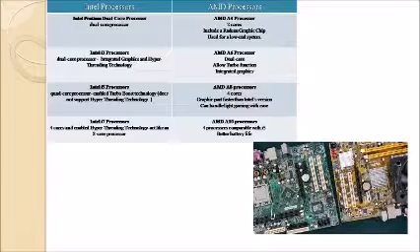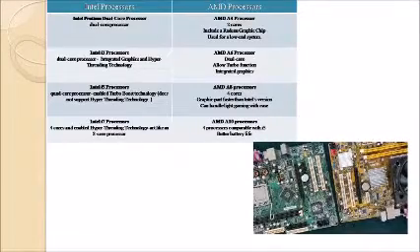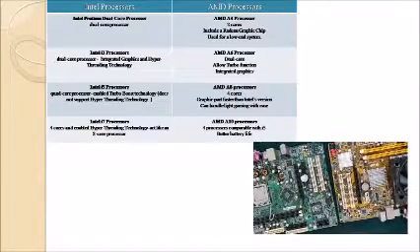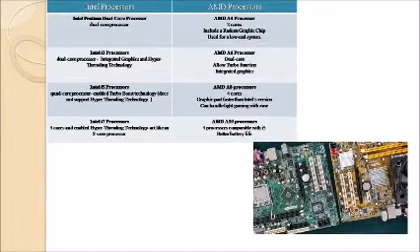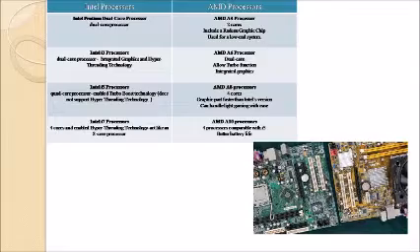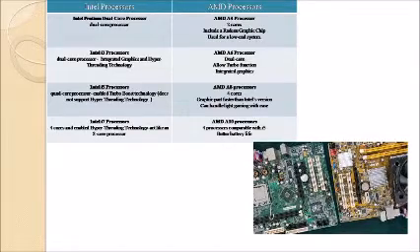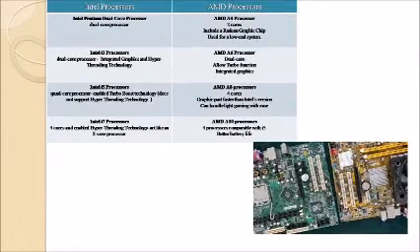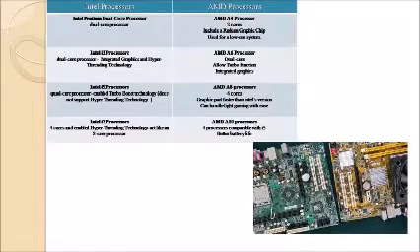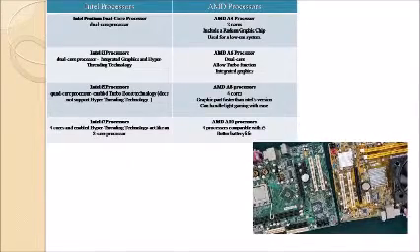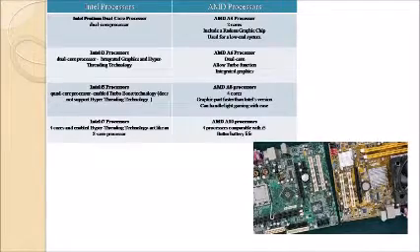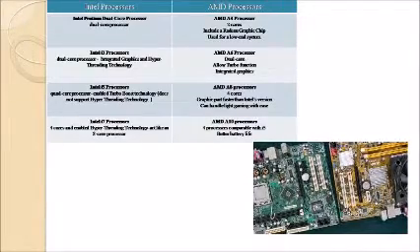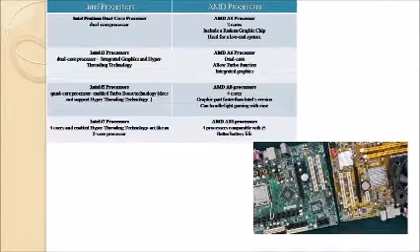Please remember, i3 processor is dual core, whereas i5 processor is quad core without hyper threading technology. Mean to say, i5 processor does not support hyper threading technology, but they are enabled with turbo boost technology. And the next processor is i7 processor.